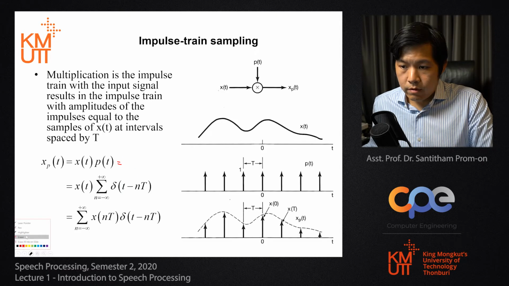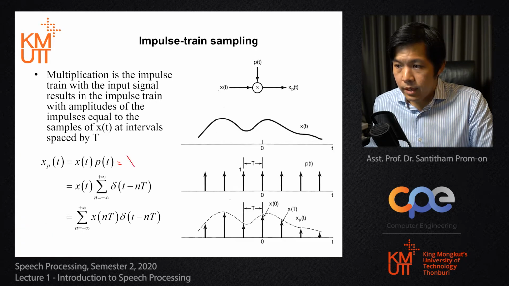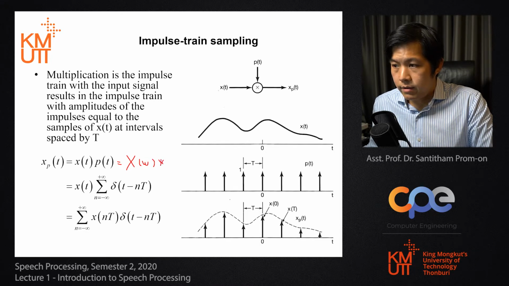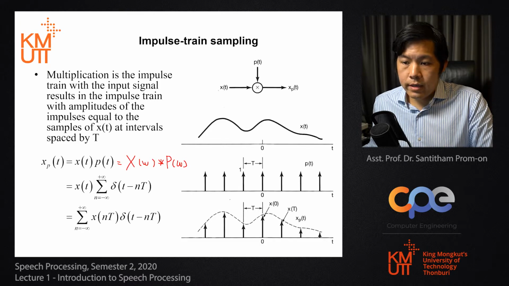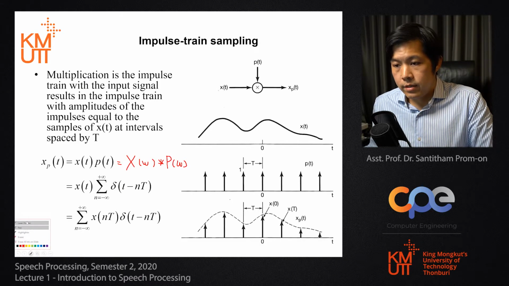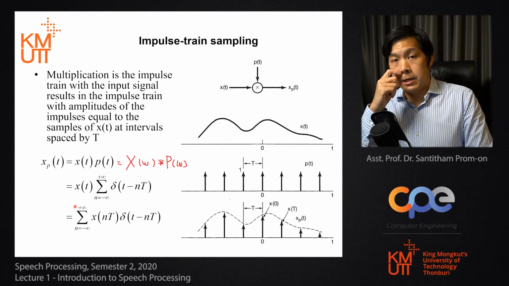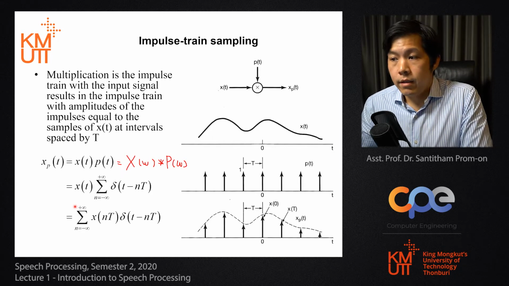This would equal X(ω) convolved with P(ω). So multiplication in time domain is actually the convolution in frequency domain. In Thai it is ผลการประสาน.